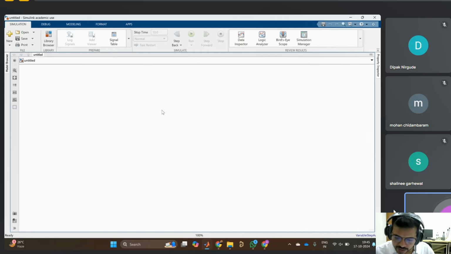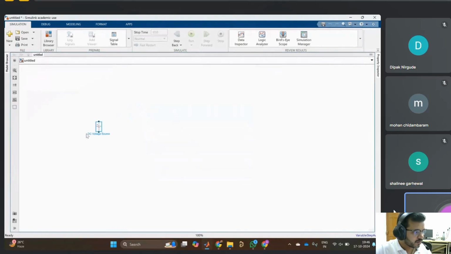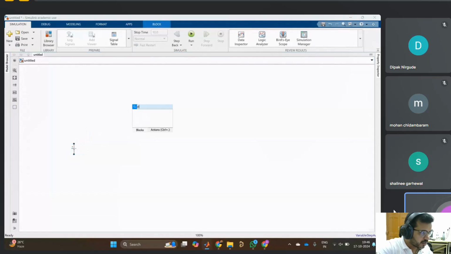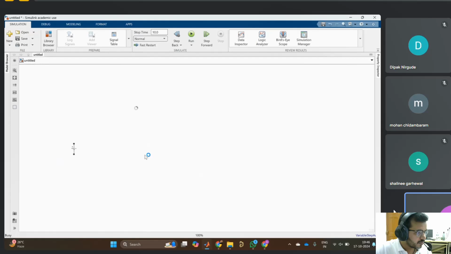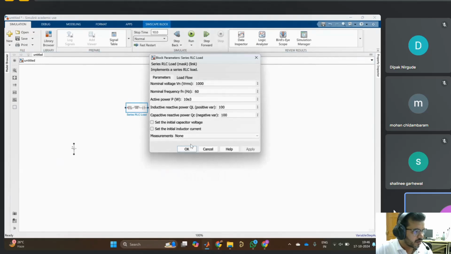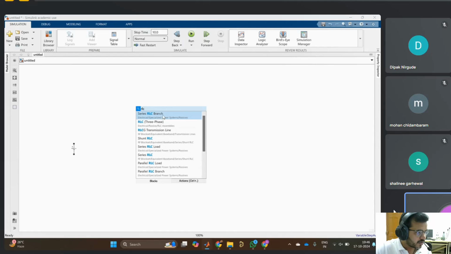In this, the DC voltage source, we require this one, then we require the RLC series branch.